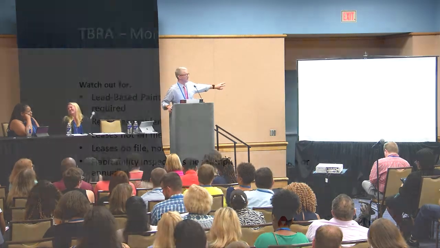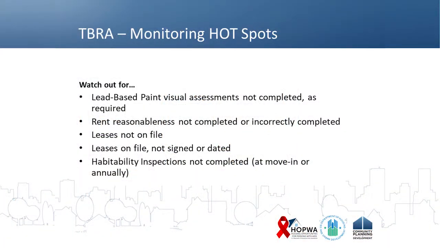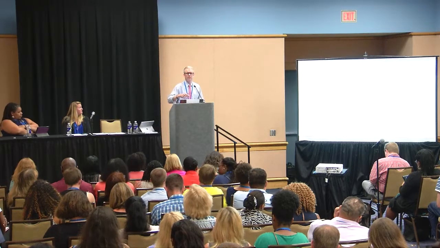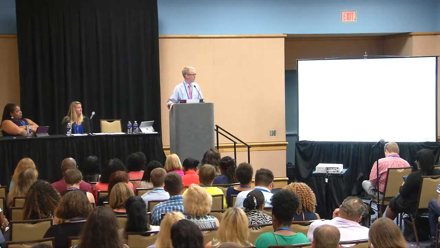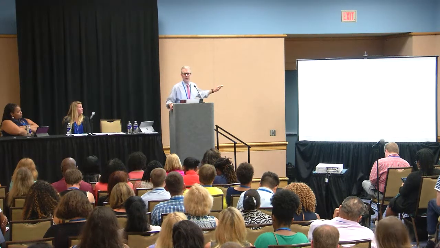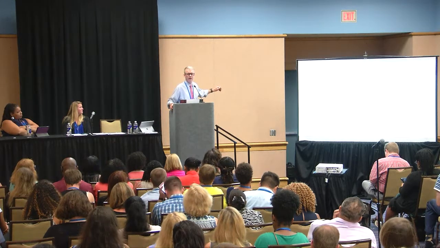Also, and these are important as well, some of the other documentation might be missing. The lead-based paint, rent reasonableness is not done, or the applicability of the fair market rent, FMR, is not documented. It's not documented in a client's file that the unit they were approved for complies with the FMR limits, or that there's not a signed lease on file.